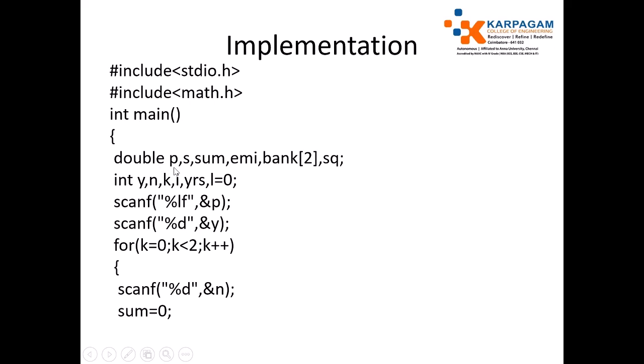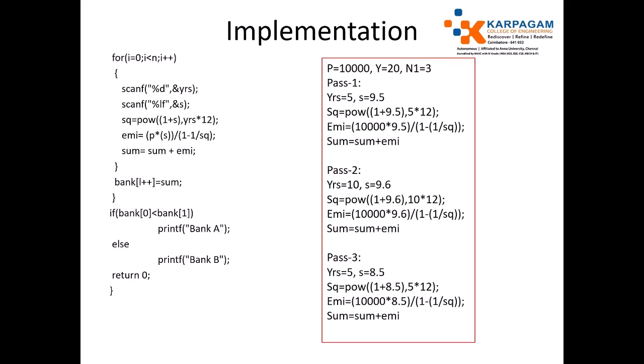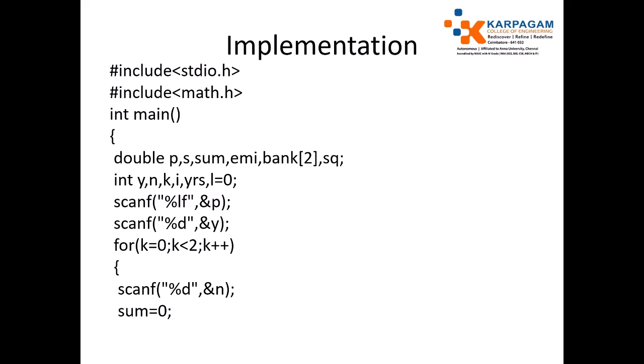Have declarations for principal amount, then for storing the sum, EMI, bank name, interest rate, square root values, etc. First get the principal amount from the user by using a scanf statement, and the total tenure by using a scanf statement.